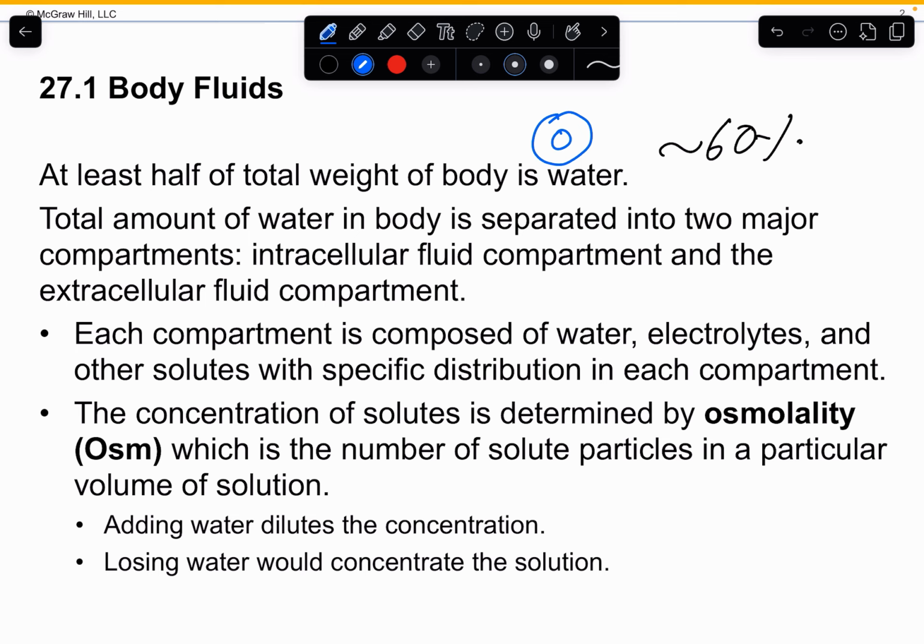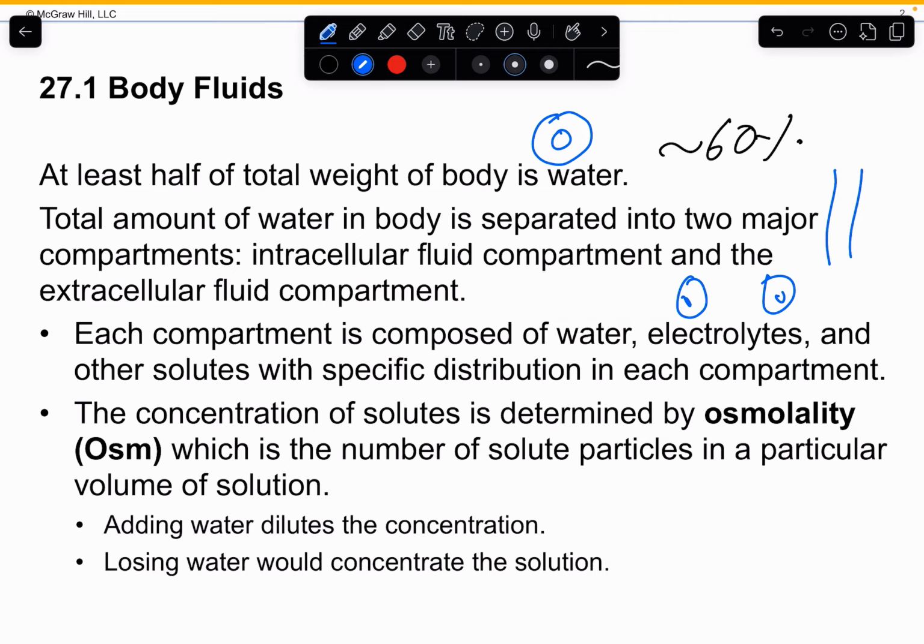Fluid balance is also required to maintain the correct amount and distribution of water between different body compartments, from one cell to another, or tissues, different structures, maybe blood vessels.